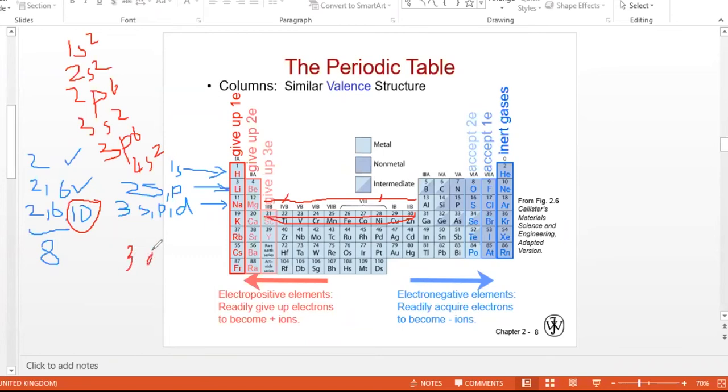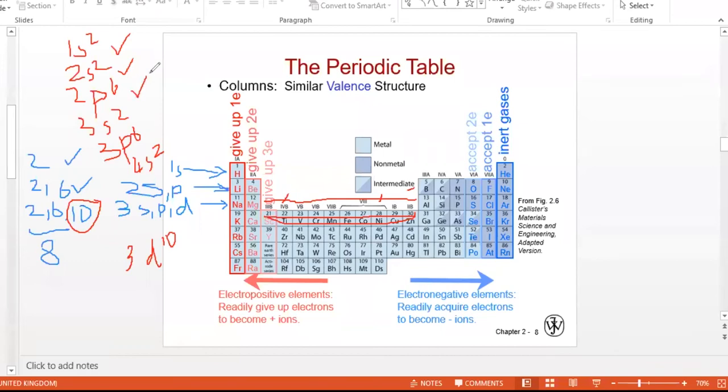Okay, now we will see. 1s2, this is fine. Then I have 2s2, the second orbit, 2 electrons. That is also fine. Then I have 2p6: 1, 2, 3, 4, 5, 6. This 2p6 is also fine.